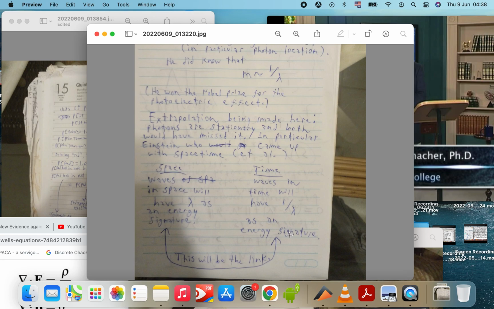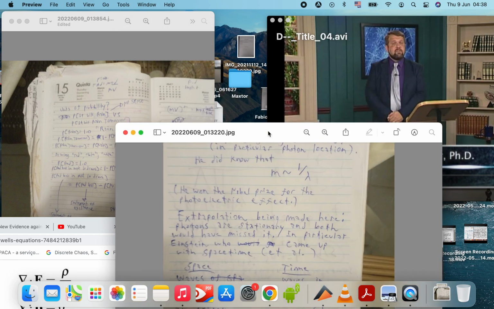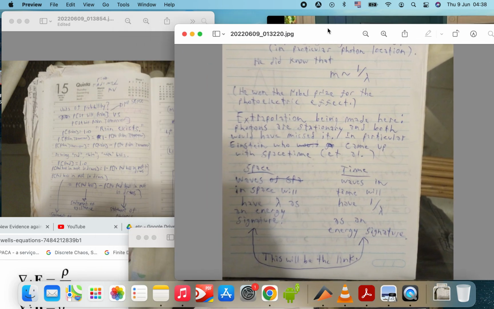It's 1 over the wavelength, right? With the speed of light multiplying that quantity as a conversion factor between space and time, we're going to have to look very closely at that. In particular, let's leave that as a digression right now and go back to Maxwell's equations.